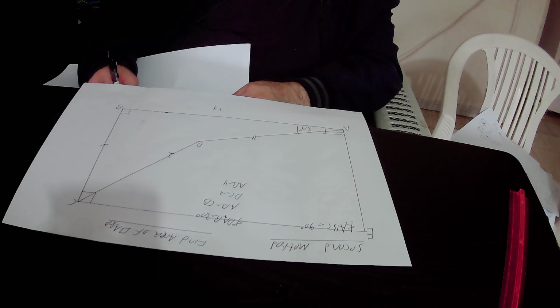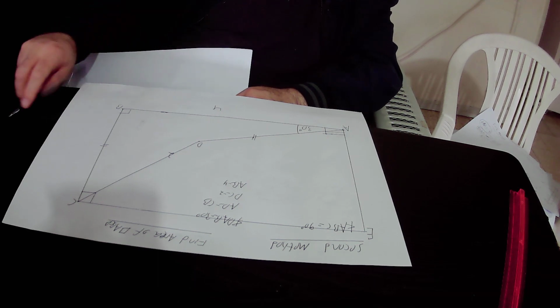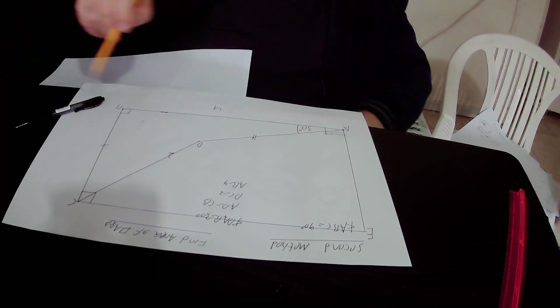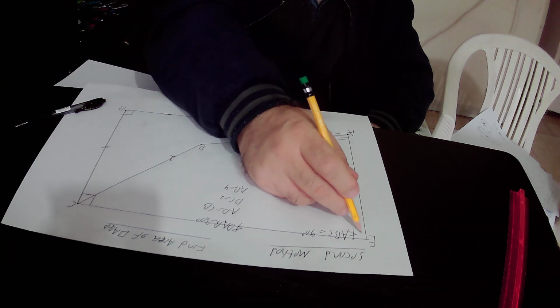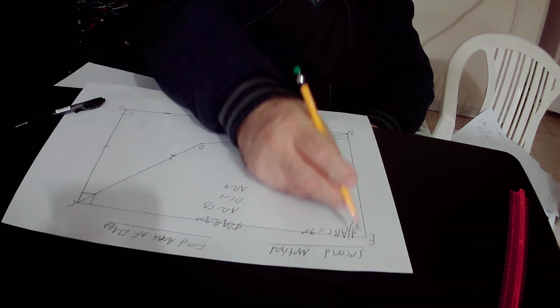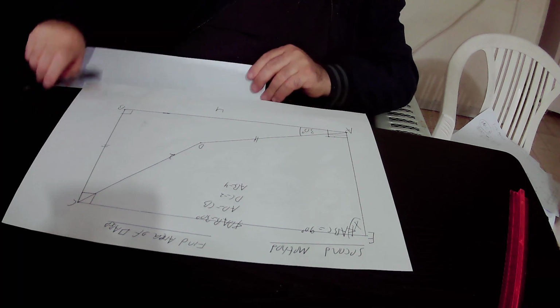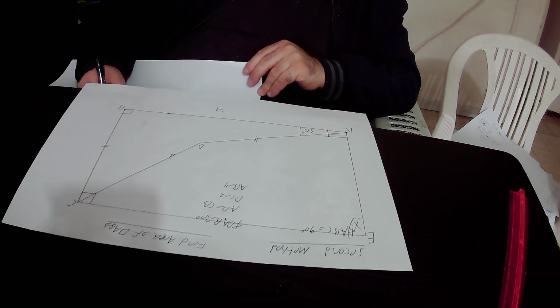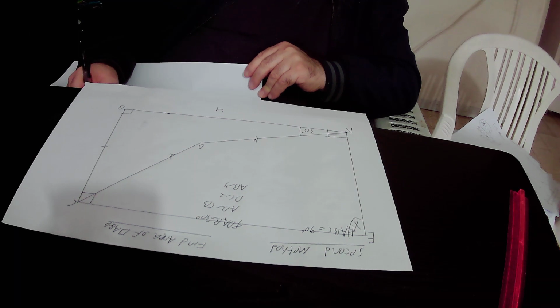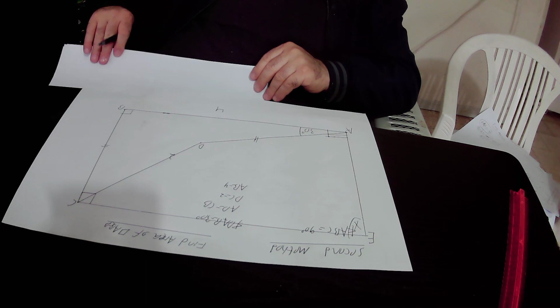plus the size of the fourth angle that we will define as angle X, must be equal to 360 degrees according to rule number 1. I will repeat again.